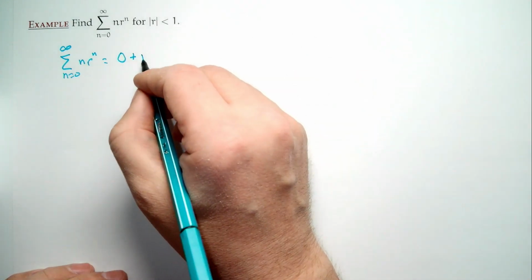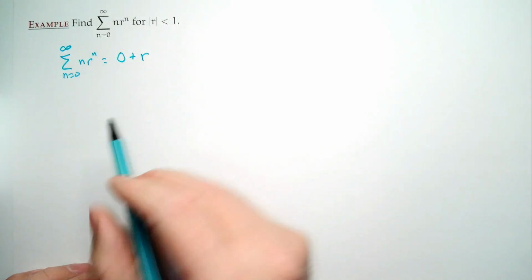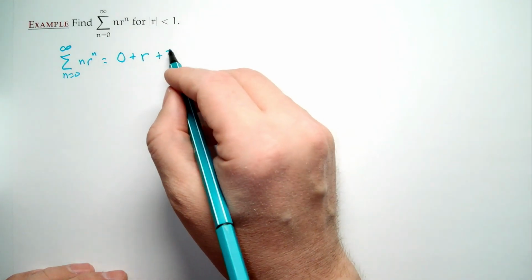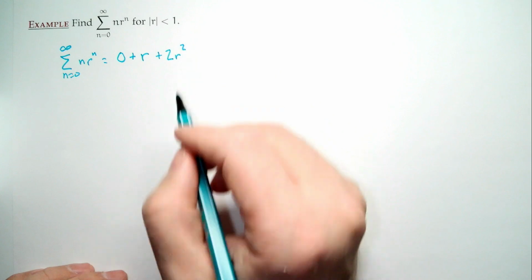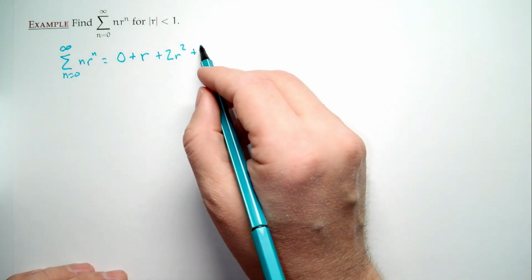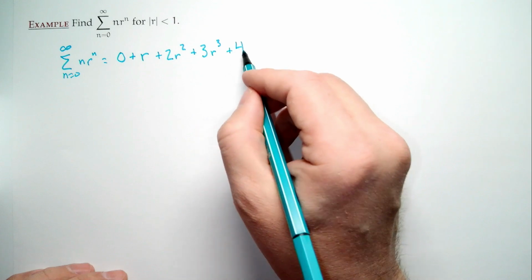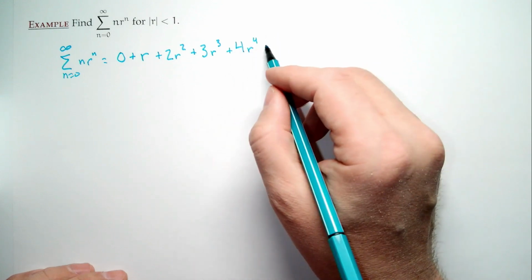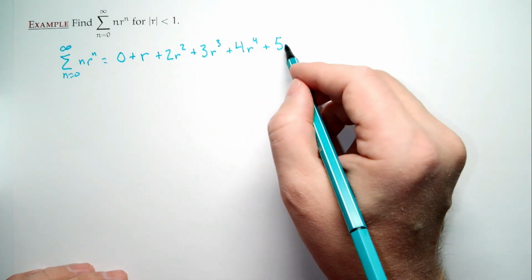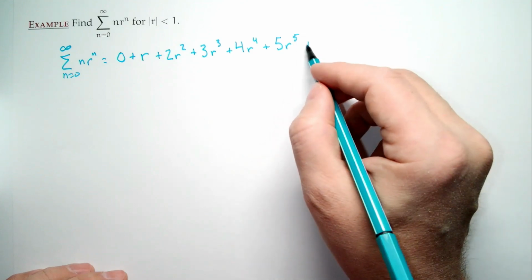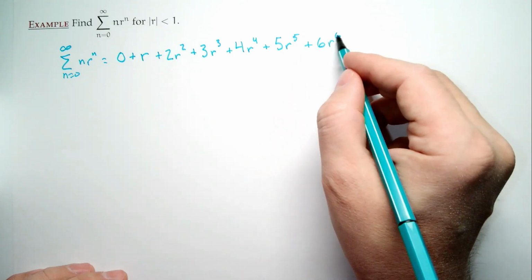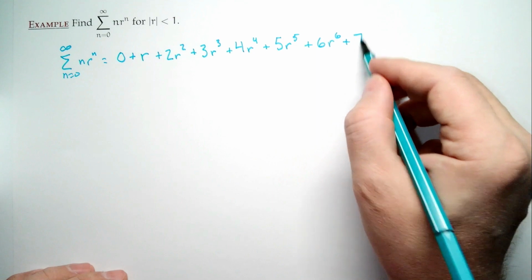Plus 1 times r to the 1, plus 2 times r to the 2, plus 3 times r to the 3, plus 4r to the 4, plus 5r to the 5, plus 6r to the 6, and so forth and so on.